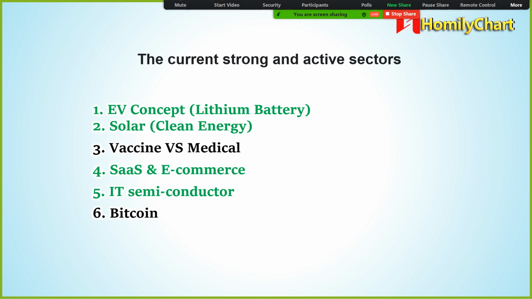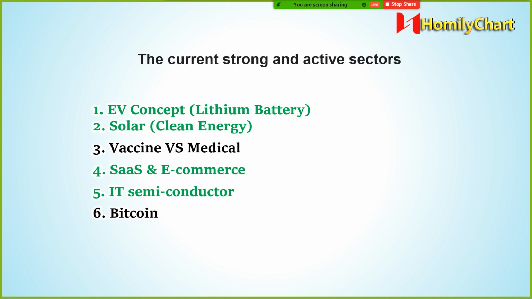John, I never buy Tesla. Very overvalued. The P ratio is more than 900, and I don't want to touch any EV concept. But remember, if you are not an investor and you want to do trading, I think the EV concept is also good. Like recently the lithium battery concept is very strong, right?